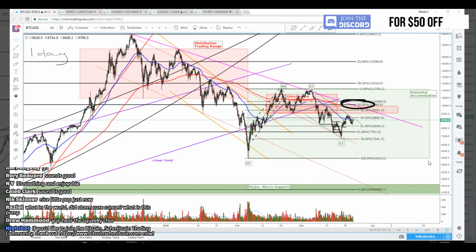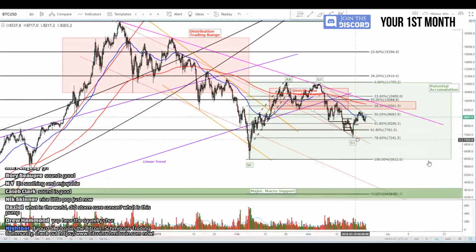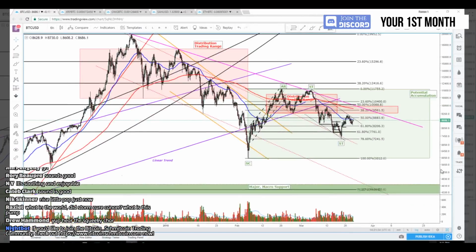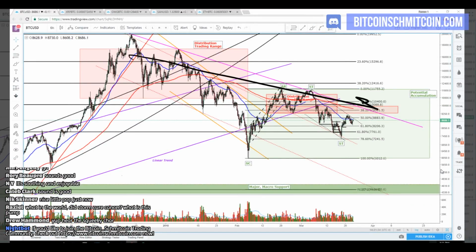We didn't even come close to testing this right now. It's still a little early. We could potentially see a breakout, but what we're really seeing here is, sorry, I just wanted to get rid of that. We're seeing a continuation of the downtrend at the moment.